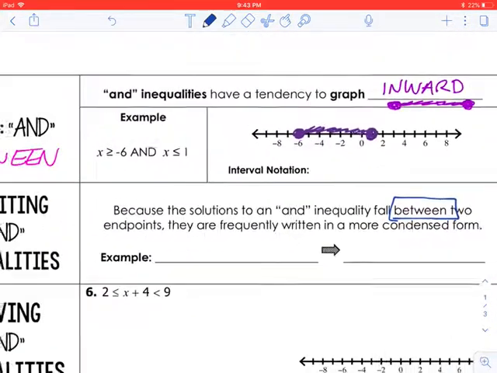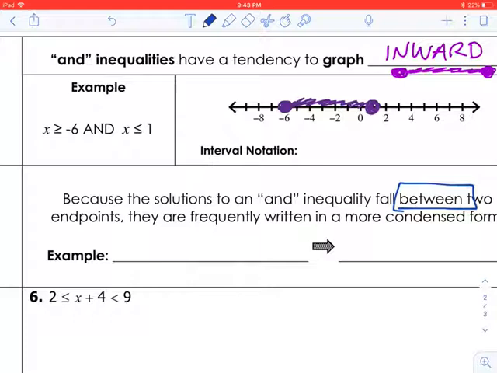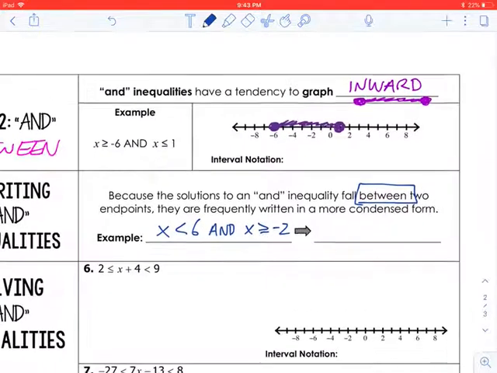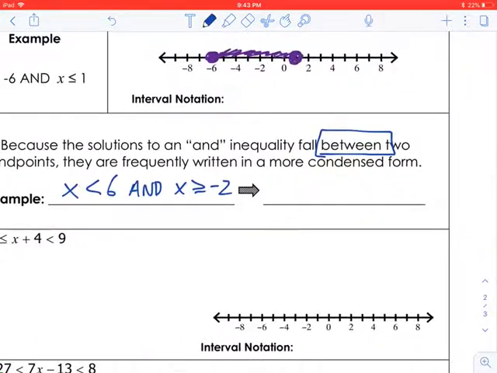So for instance, I might have x is less than 6 and x is greater than or equal to -2. Well, instead, I can just go ahead and say, if I switch this around, -2 is less than or equal to x, which is less than 6.